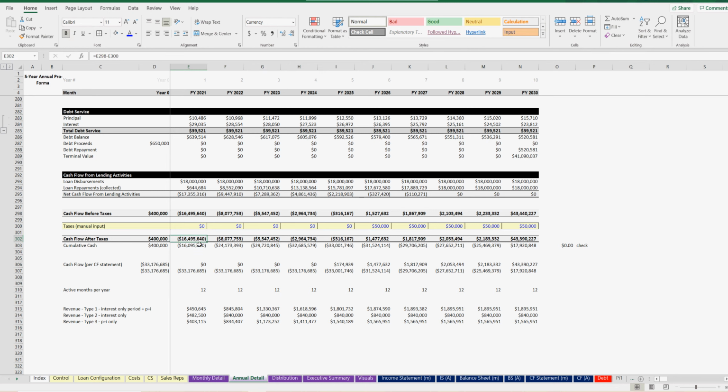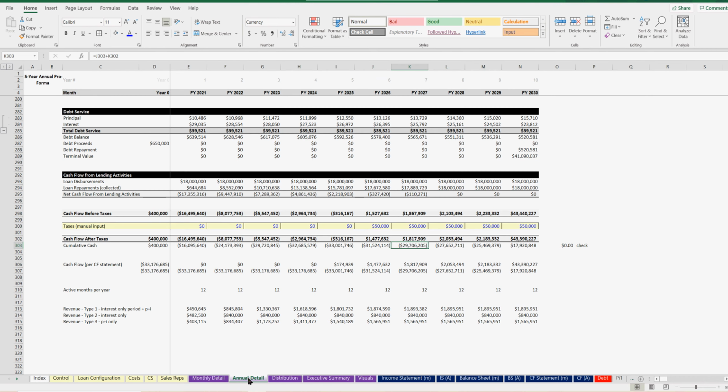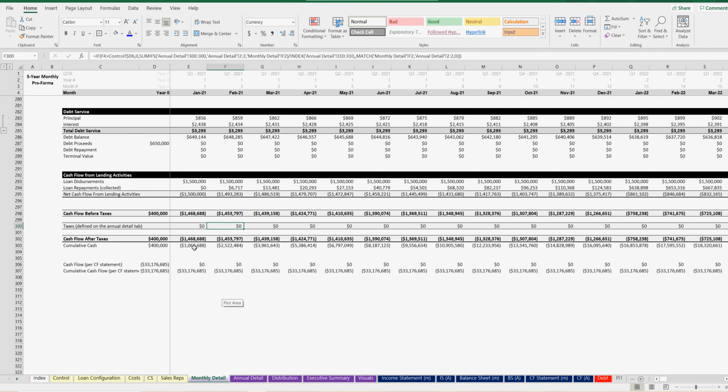So you have cash flow after taxes, cumulative cash flow, and then this value is actually going to be what is used to figure out the equity requirements. You can see here 33,176,000 is the same as the minimum, and actually we're going to use the minimum on the monthly because that's more granular and more accurate.